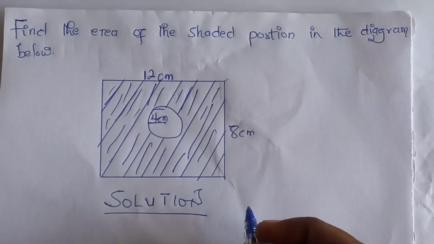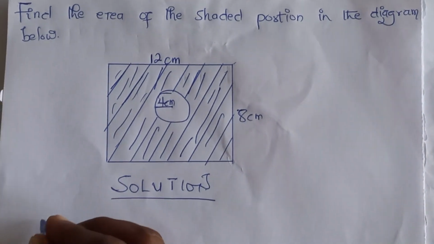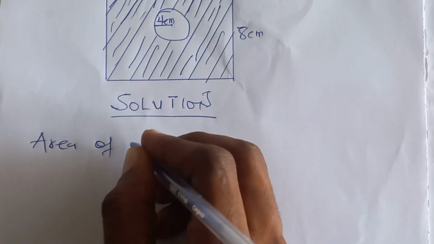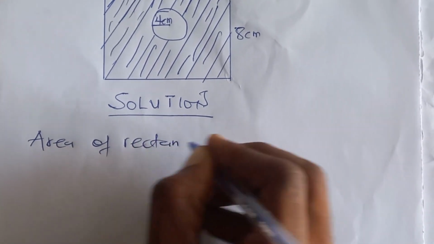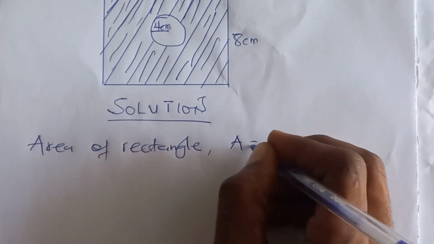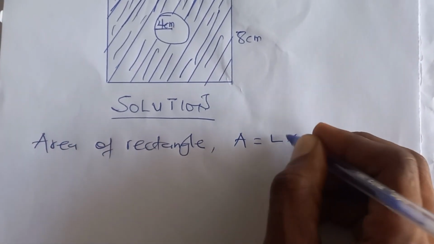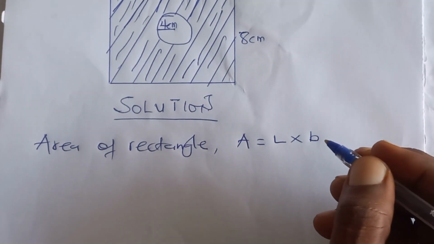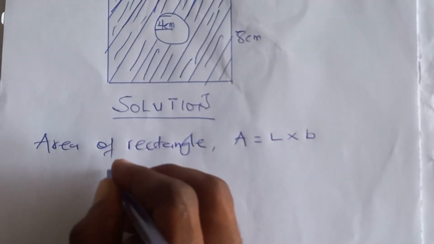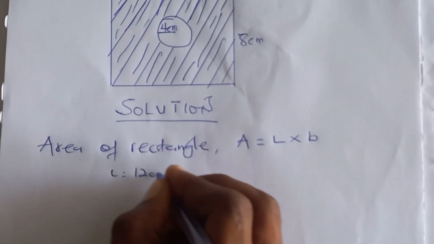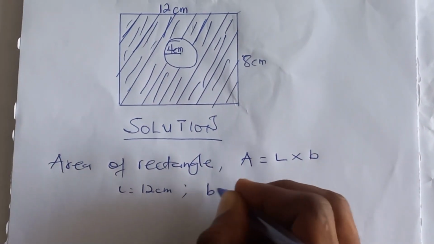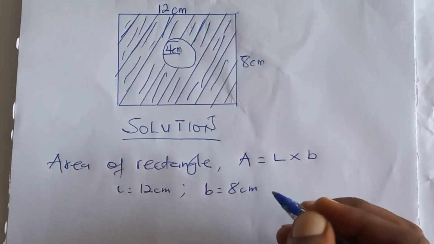So the area of a rectangle, you know that A is equal to the length times the breadth. And we know that in this case, our length is 12 centimeters, then the breadth is 8 centimeters.